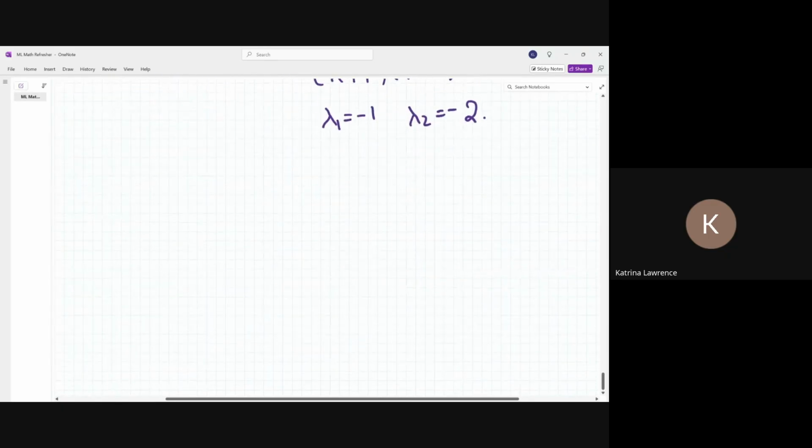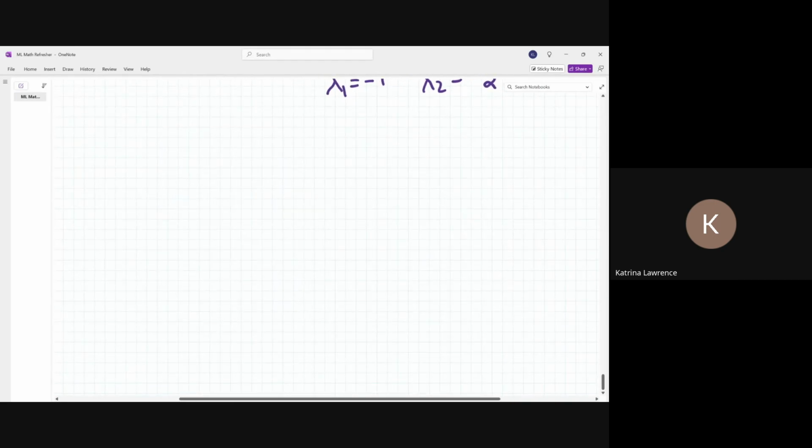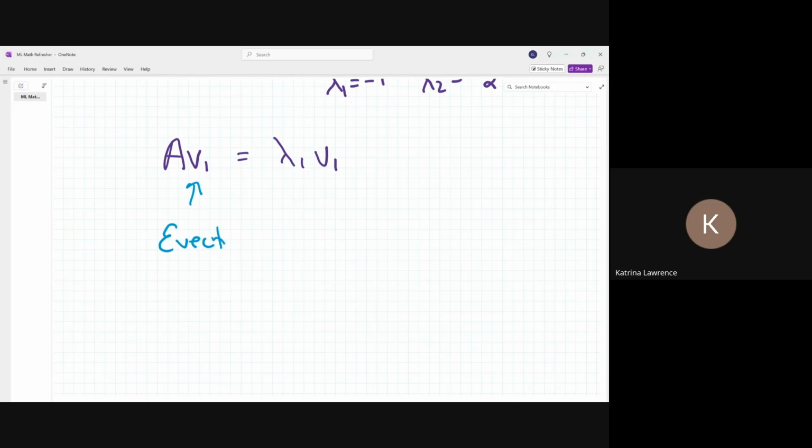I'm just going to show you the definition to find eigenvectors. You take your matrix A, and A V1 equals lambda 1 V1. In this case, V1 is your eigenvector, and lambda 1 is your eigenvalue number 1.